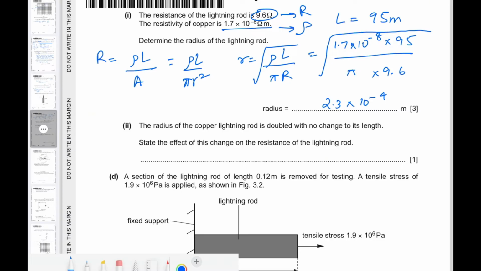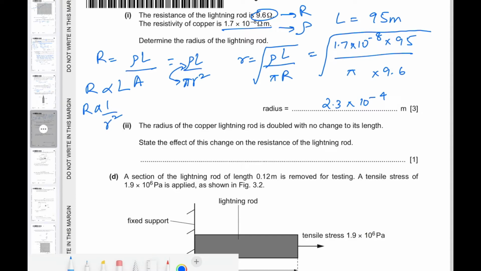Part 2. The radius of the copper lightning rod is doubled with no change to its length. So state the effect of this change on the resistance of the lightning rod. This is a 1 mark answer where you just need to look back at the formula we just used. Resistivity and pi are constant values, therefore resistance is directly proportional to length and inversely proportional to the radius squared.